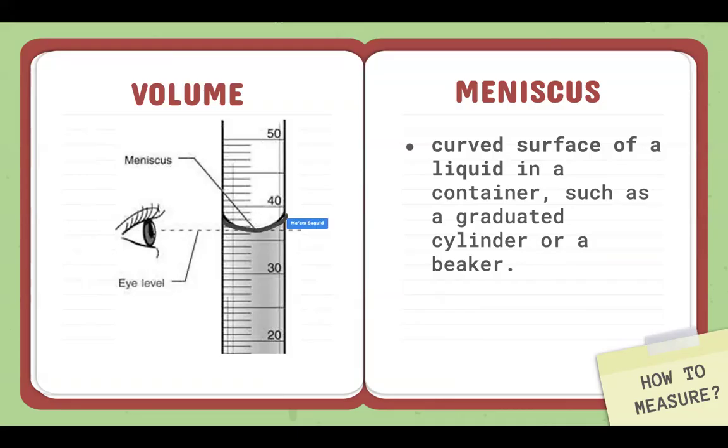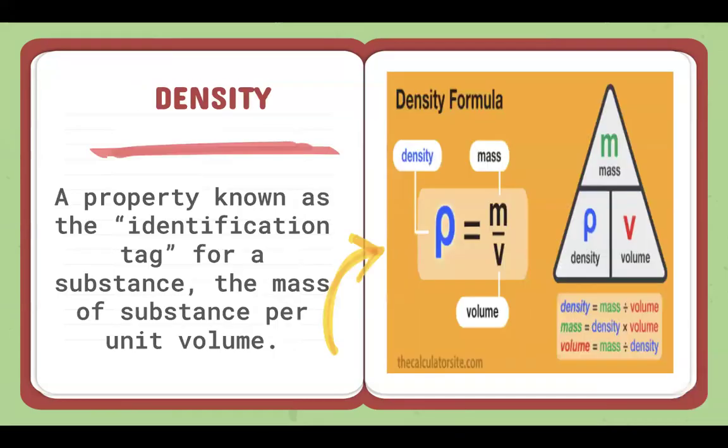The portion where it is at the lowest is the measurement. So you should be at eye level. Your measurement should not be here, not there, but at the bottom of the meniscus, or the curvature, all right? So that's how we get the volume of a substance using a graduated cylinder.